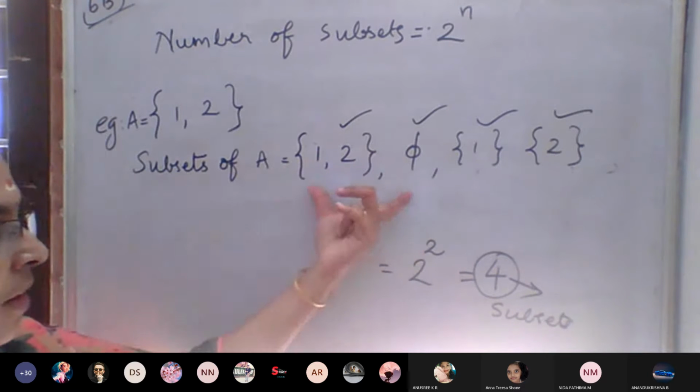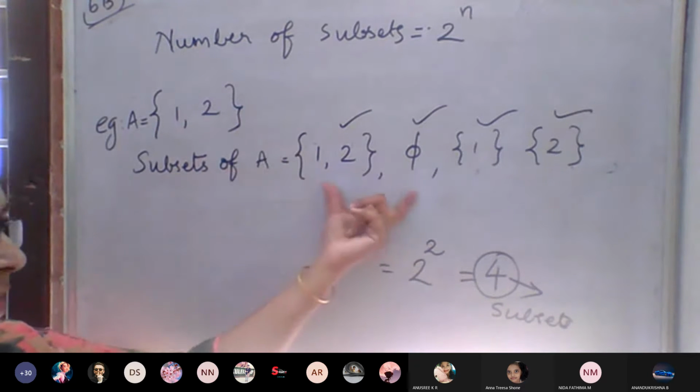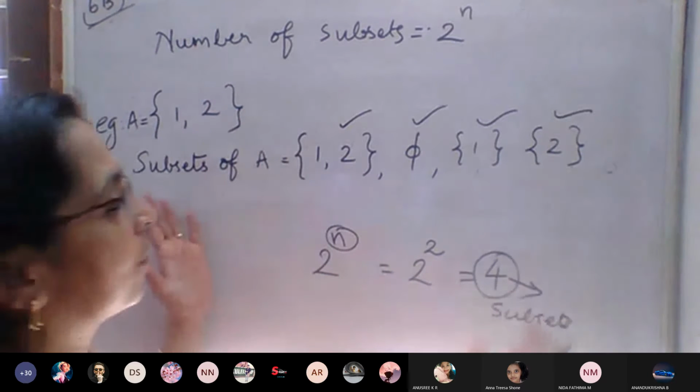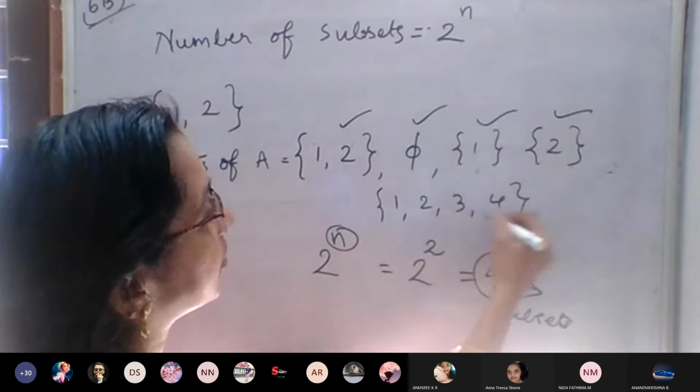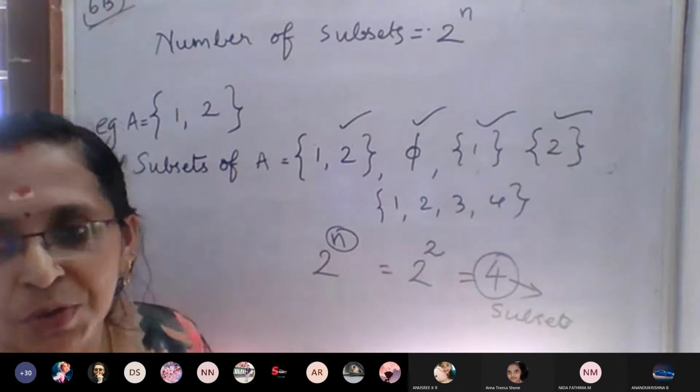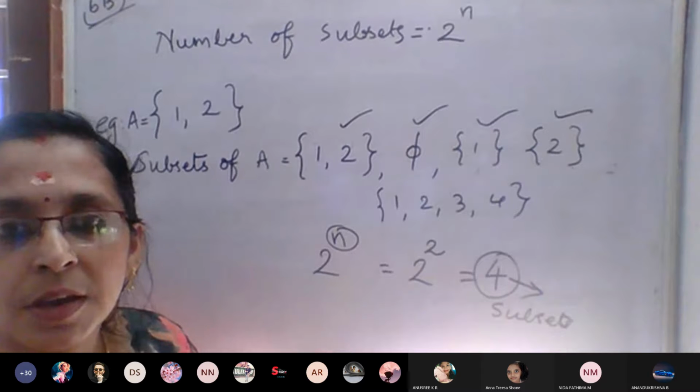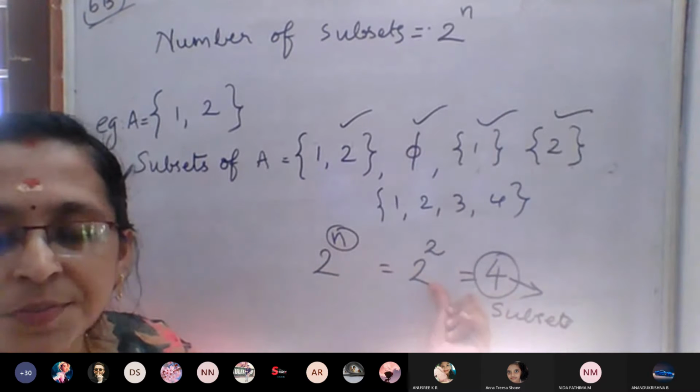So we are finding subsets this way. If the set is {1, 2, 3, 4, 5, 6}, finding the subsets directly is difficult. For that, apply which formula first?